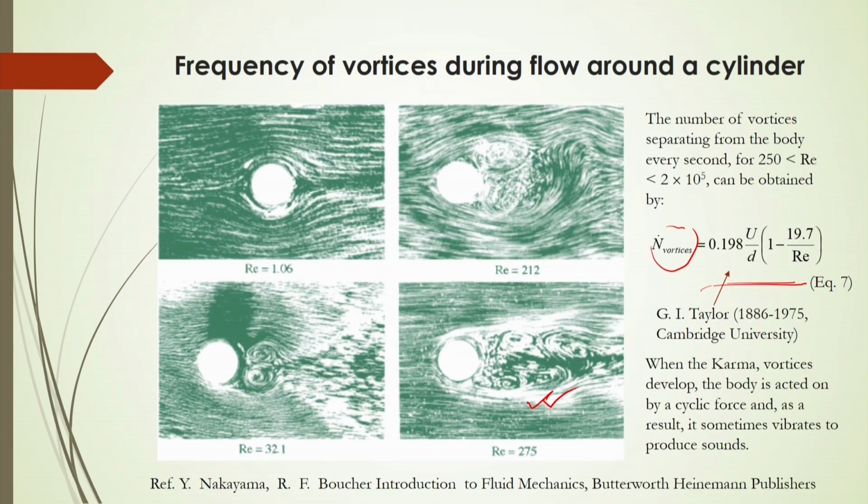Now, when this Karman vortex street is formed, you will see the body is acted on by a cyclic force, and as a result there will be a vibration, and because of which there will be production of sound because of this cyclic force.